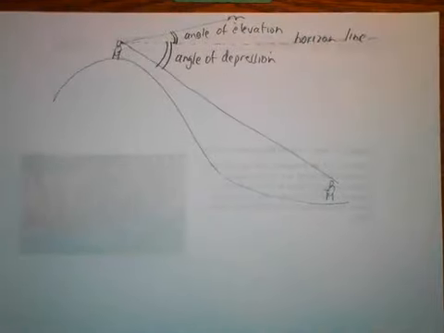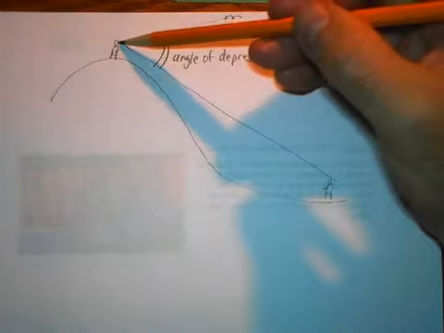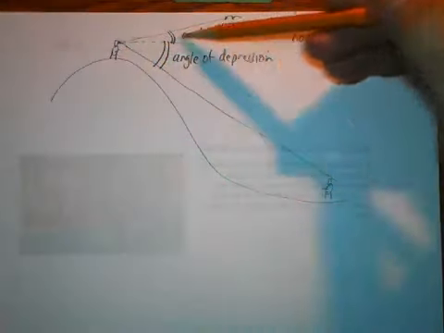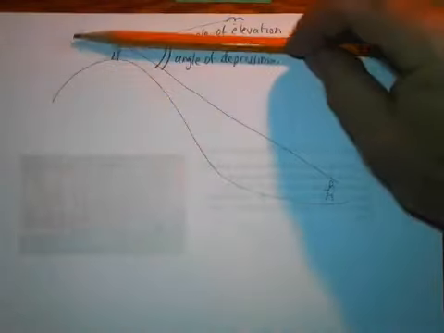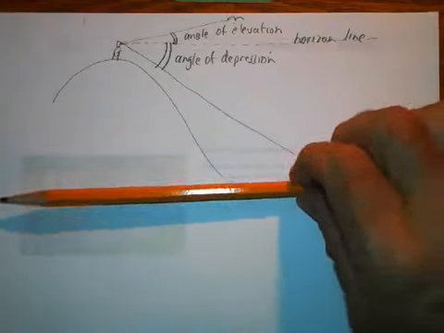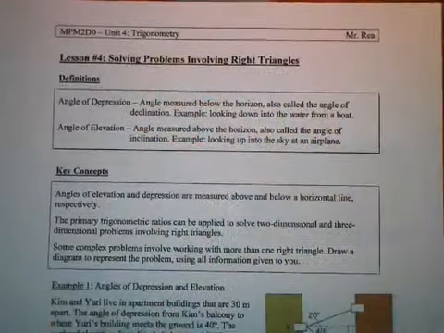I think the book would have something on that as well, but the important part here is you basically have a horizontal line that you're measuring these angles from. And the horizontal line is horizontal to the Earth, not specifically this hilly Earth, but where would the flat Earth be? Okay, so we raise it up there. So that's what these two things mean: angle of depression, angle of elevation.